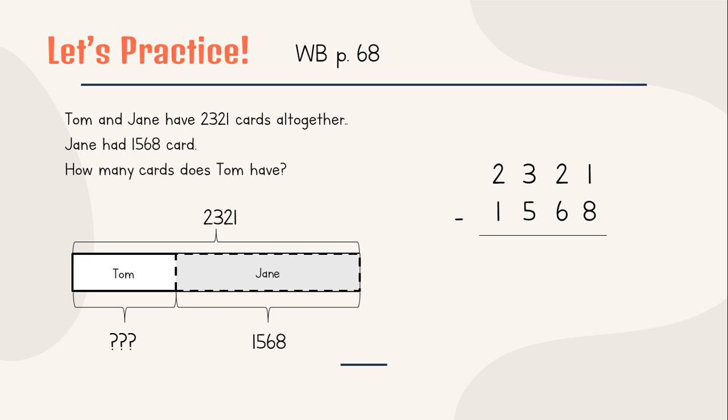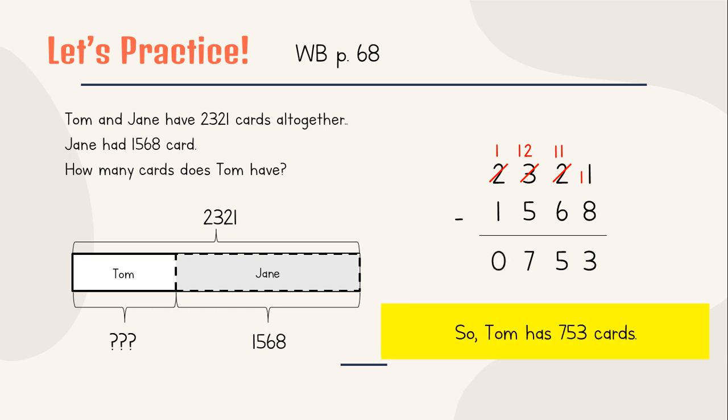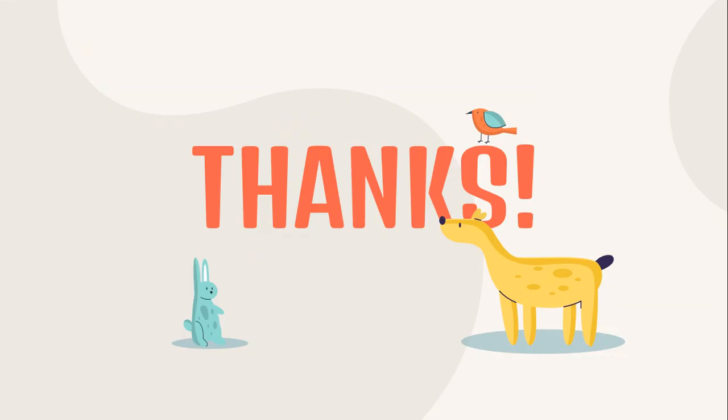Let's minus it quickly. 1 minus 8 cannot, so borrow 1 from 2, which will be 3. That's it. 1 tenth minus 6 tenths cannot, so borrow 1 from hundreds. 11 minus 6, 5. 2 minus 5 cannot, so borrow 1 from 1,000. 1,200 minus 500, 7. And 1 minus 1, 0. So how many cards does Tom have? 753 cards.